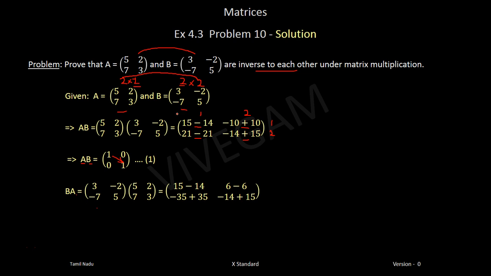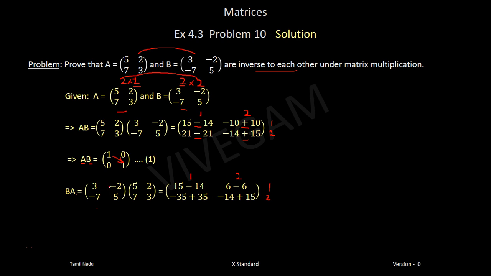So write down your B and write down your A. In the same way, check for the matrix multiplication, and the resultant matrix will be 2 by 2. As usual, let's number this: first column, second column, first row and second row.